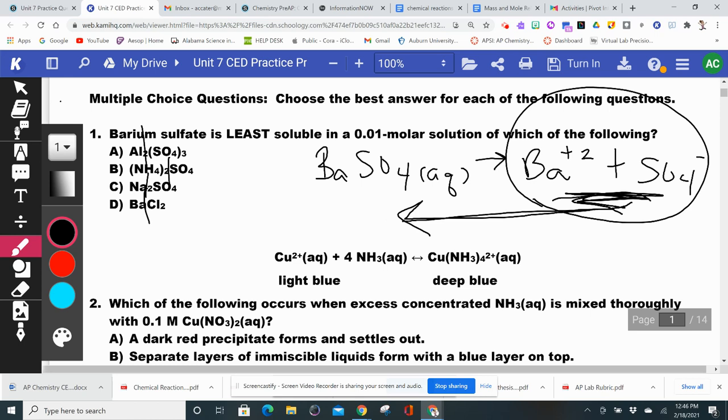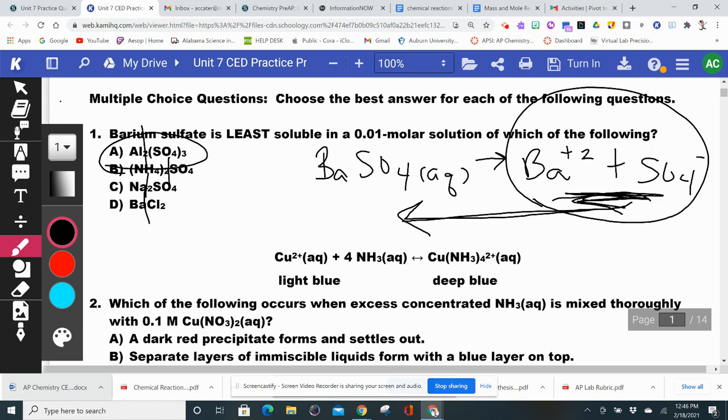Okay, so which one of our 4 choices is going to add the most barium or sulfate? A. Okay. So why did you choose A? Because the sulfate is multiplied by 3, I guess. Because we have 3 of them, right? In B we only have 1. In C we only have 1. And in D we have 1 barium.